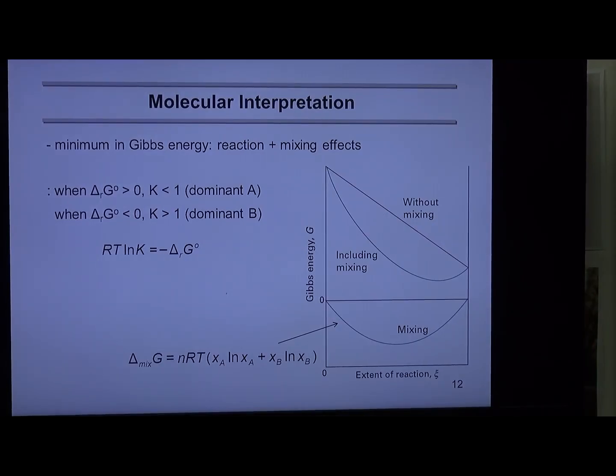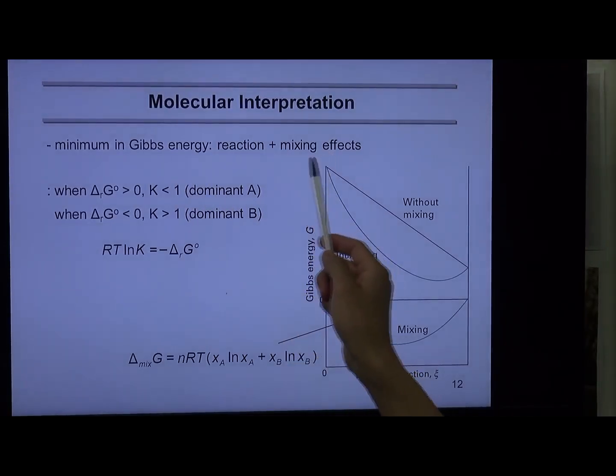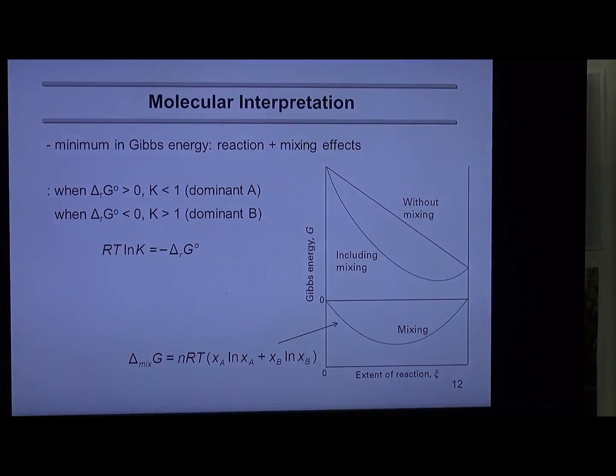So basically this Gibbs energy change as a function of extent of reaction is a result of both enthalpy and entropy. Okay, so the minimum in Gibbs energy is due to both reaction and mixing effect.